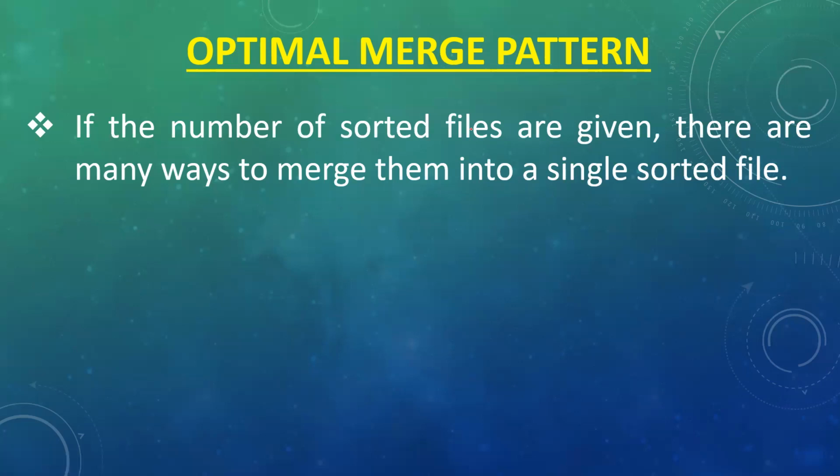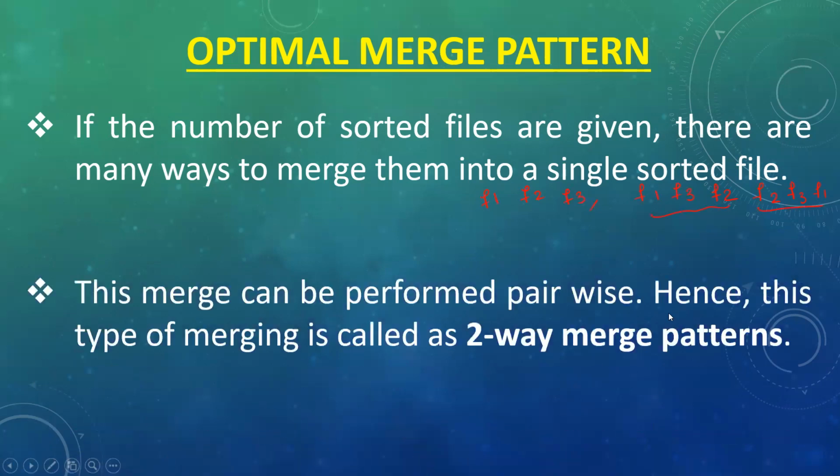I can merge file 1 with file 2 and then file 3. This is one pattern. Otherwise, file 1 and then file 3 and then file 2. This is another pattern. And then again I can go with file 2 with file 3 and then file 1. So in this way I have different ways to merge them into a single sorted file.